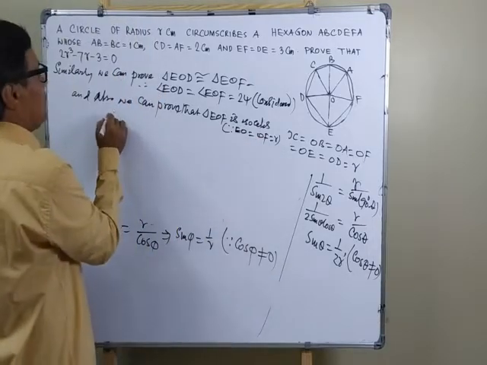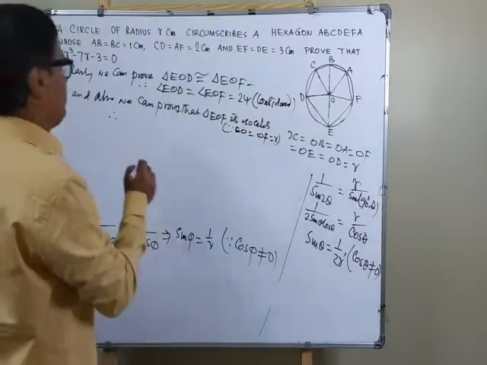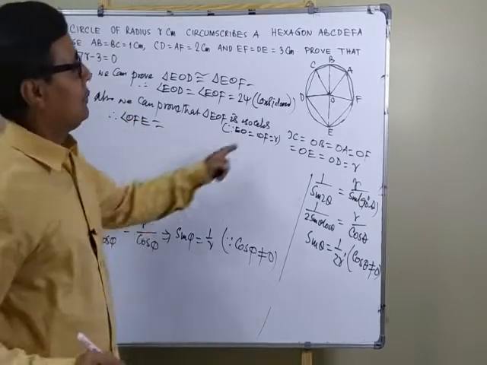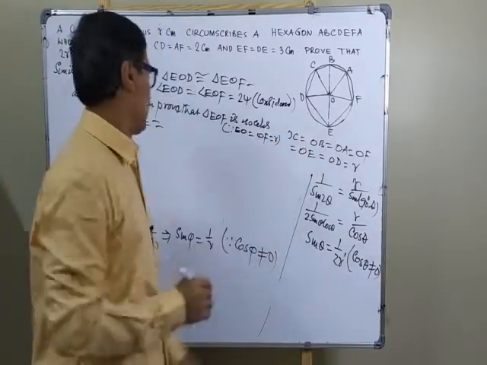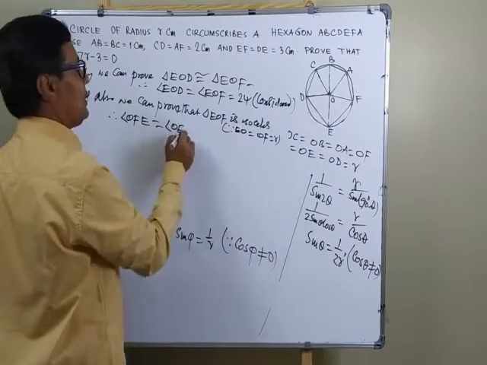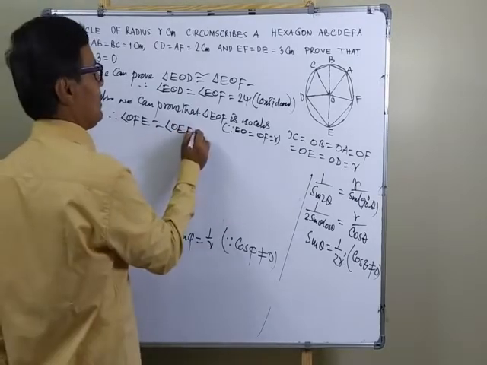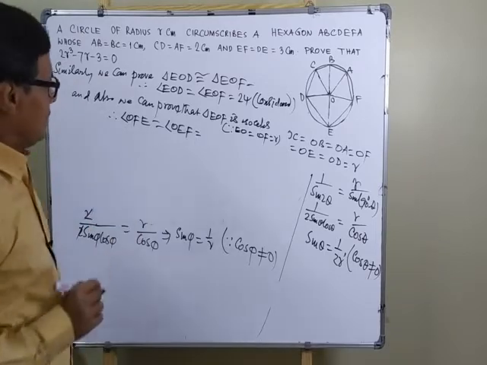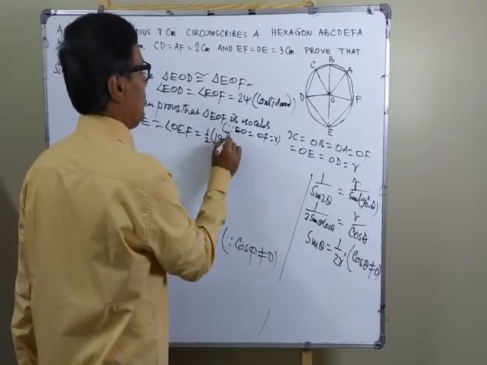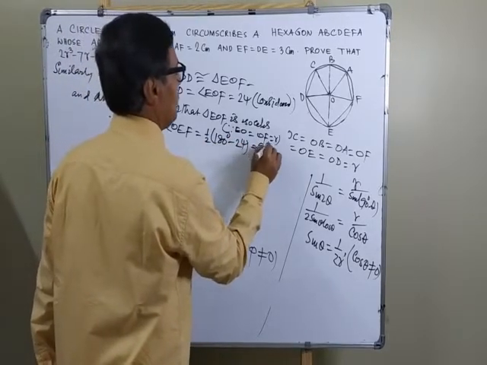The opposite angle of EO is OFE, and the opposite angle of OF is OEF. Each of these two angles is equal to half of 180 degrees minus 2 psi, that is, 90 degrees minus psi.